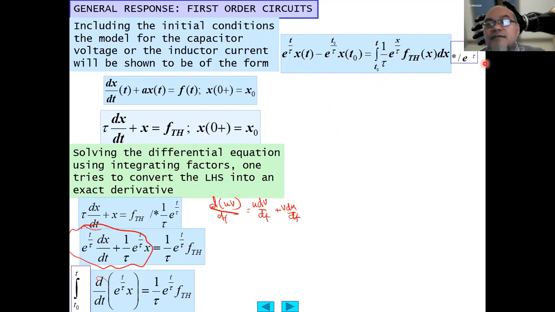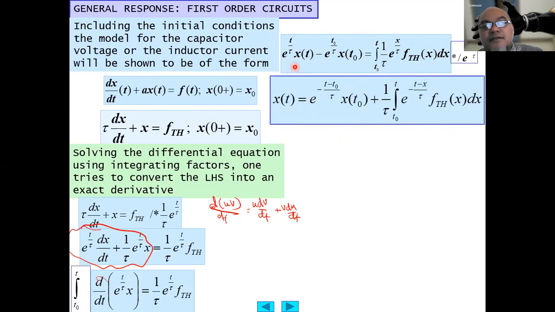Then we multiply again with exponent minus t over tau on each term. Exponent t over tau times exponent minus t over tau becomes exponent 0, which equals 1. So this becomes x(t) minus exponent of (t0 minus t) over tau, or exponent minus (t minus t0) over tau, and we move it to the right-hand side, so the minus becomes positive, times x(t0).